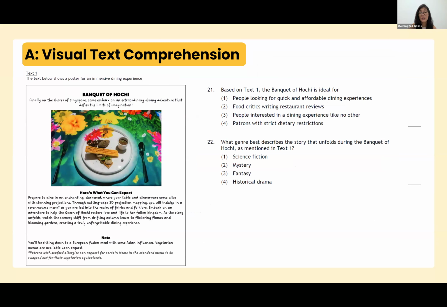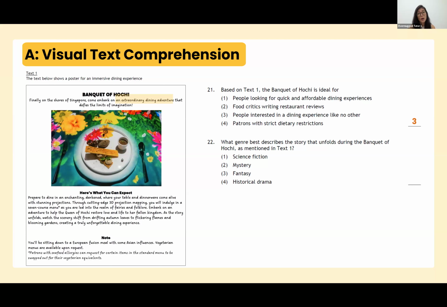When something is ideal, you should have been able to mark out your clues in the Banquet of Ho Chi. It is an extraordinary dining adventure. And thus, because of this statement, question 21's answer is option 3, because people will be interested in a dining experience like no other, therefore unique.